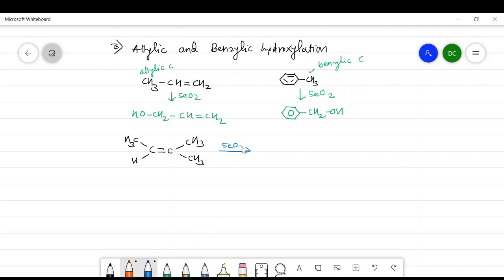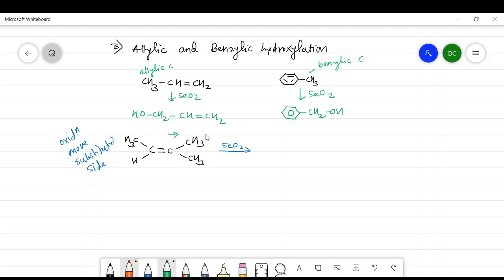We know that SeO2 causes hydroxylation of the alpha carbon, and one rule is there, oxidation occurs at the more substituted site, that we have studied in the characteristics of this SeO2 oxidation. So this carbon is having only CH3, but this carbon is having two CH3. Therefore, this side is more substituted.